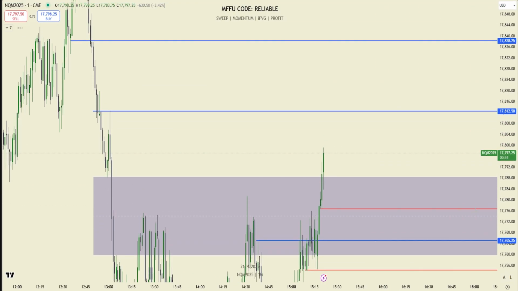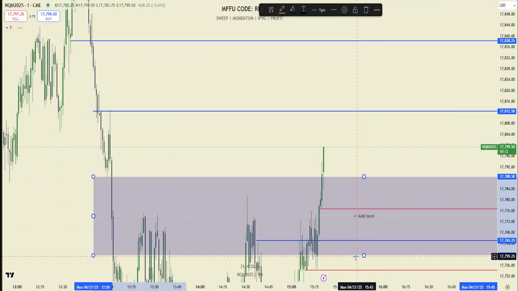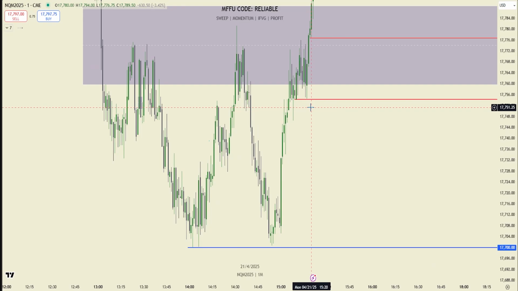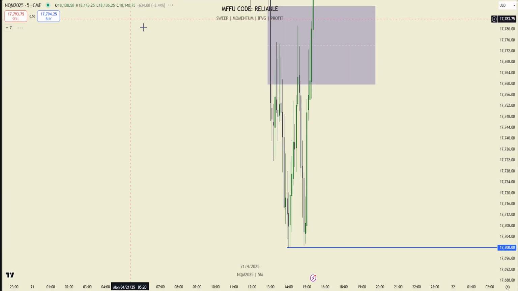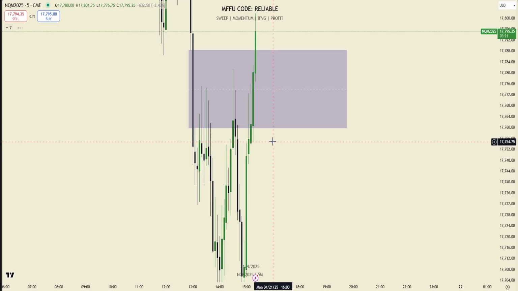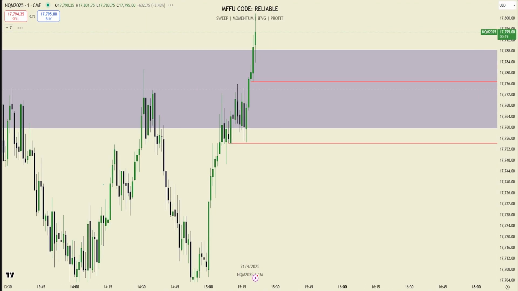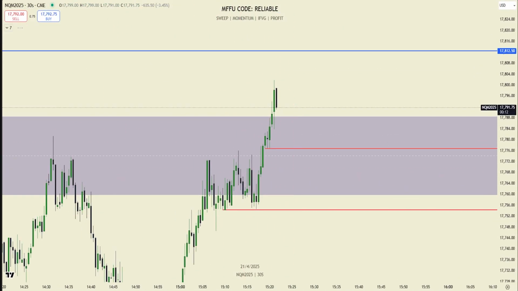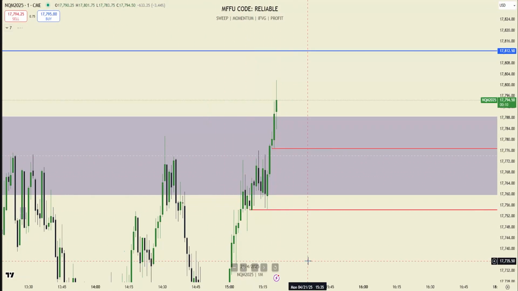Wow, this thing is really running. All I know is because there was no super textbook setup here, I probably would have been stopped out at break even in this chop.